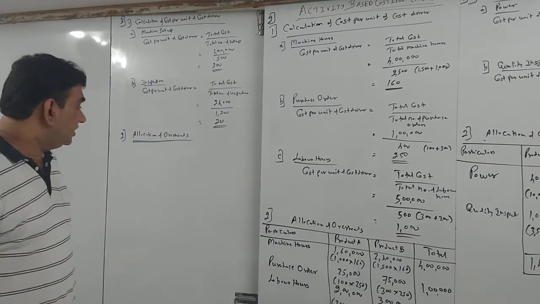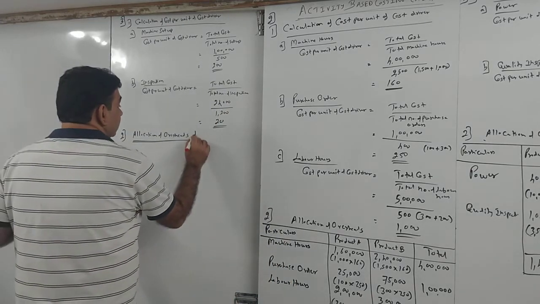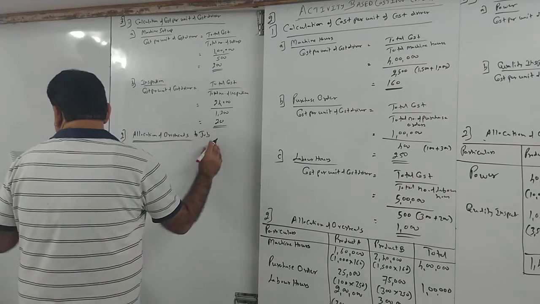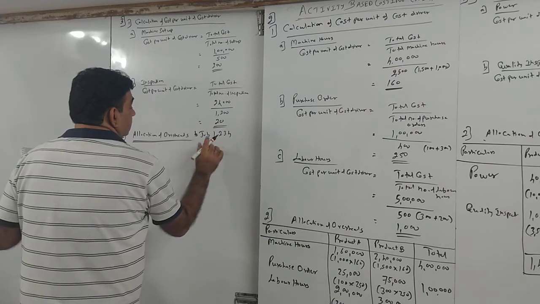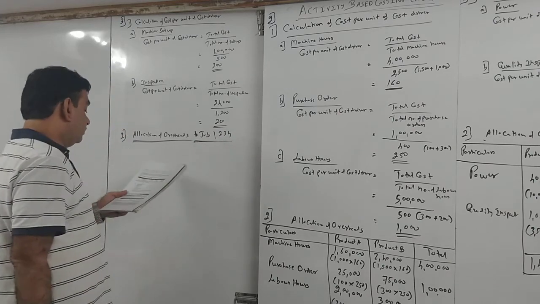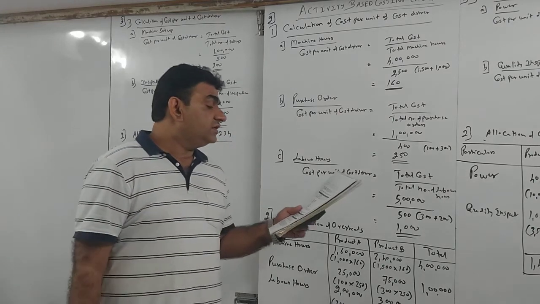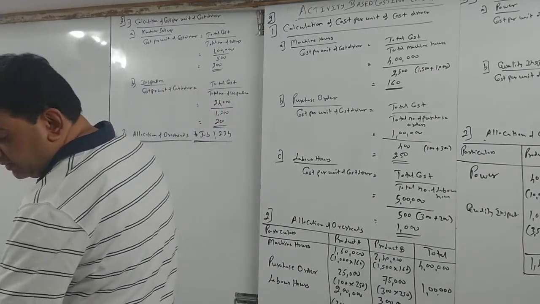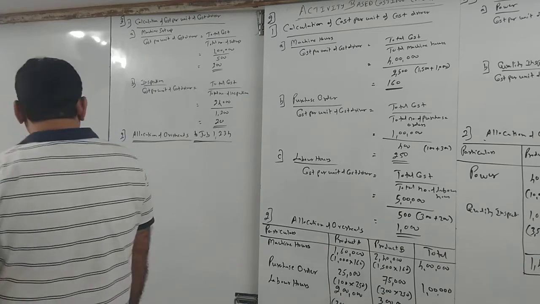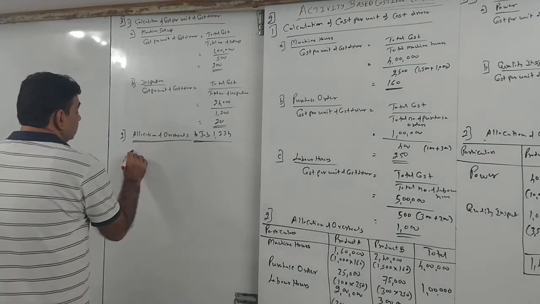So allocation of overheads you can just add there to job 1, 2, 3, 4. To job 1, 2, 3, 4. Now what is my first activity? Machine setup. Okay? Machine setup is my first activity. So write it. Machine setup.